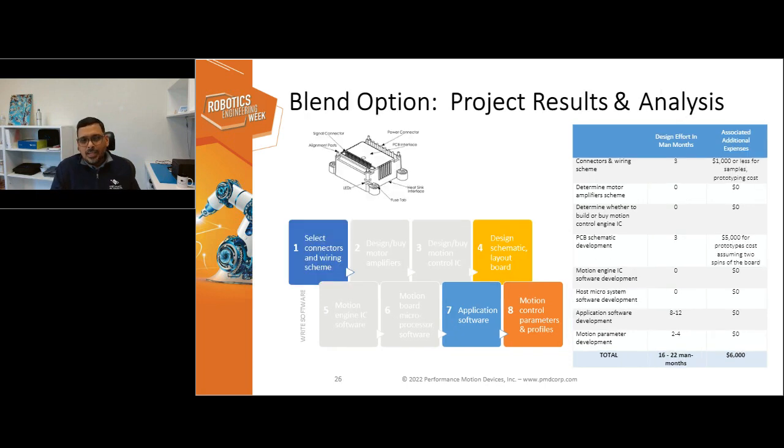And the blend option is getting more and more popular, where people still want the capability to customize their card because they want to have their own connectors for connecting to their encoders and motors. But the card itself becomes a much simpler design. It's like a 4-layer card. You plug this intelligent drive in.